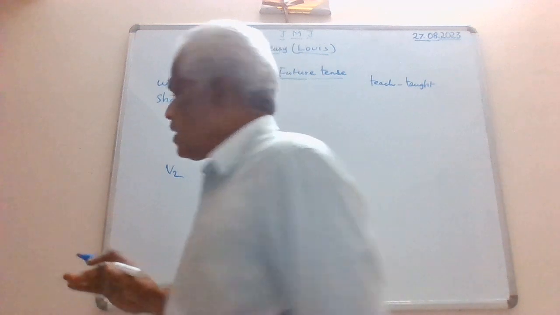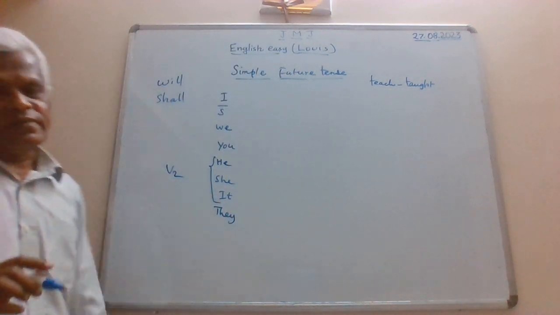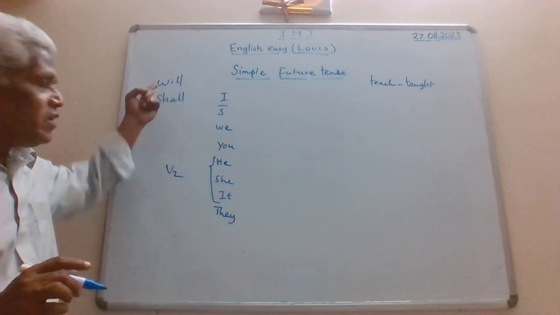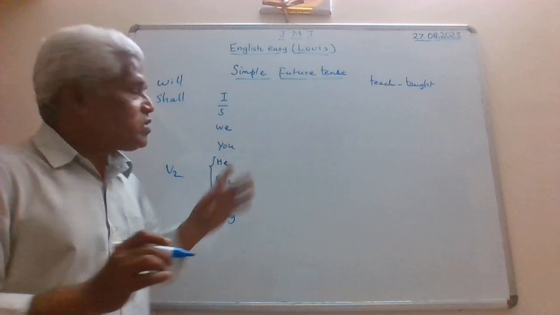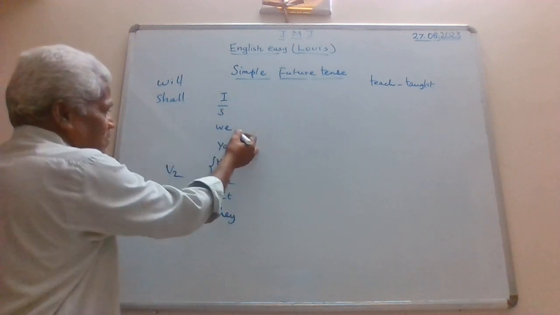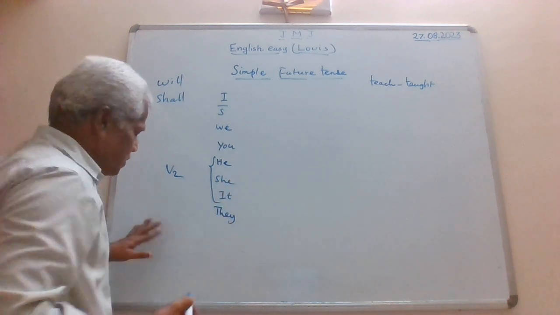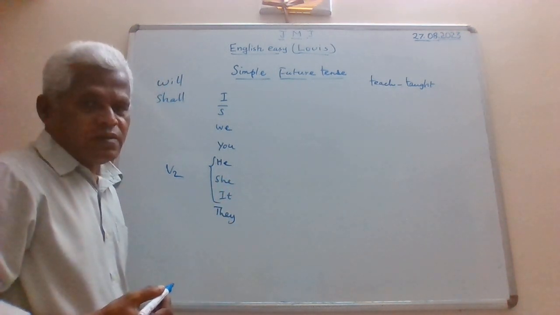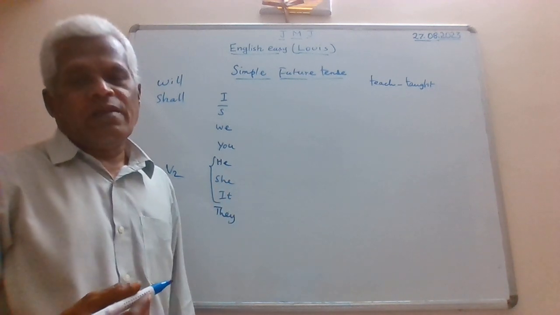Next thing that I want to tell you is when to use shall, when to use will. Now, shall can be used for first person singular, first person plural, second person singular and plural, third person plural. And then for third person singulars, you can use will.